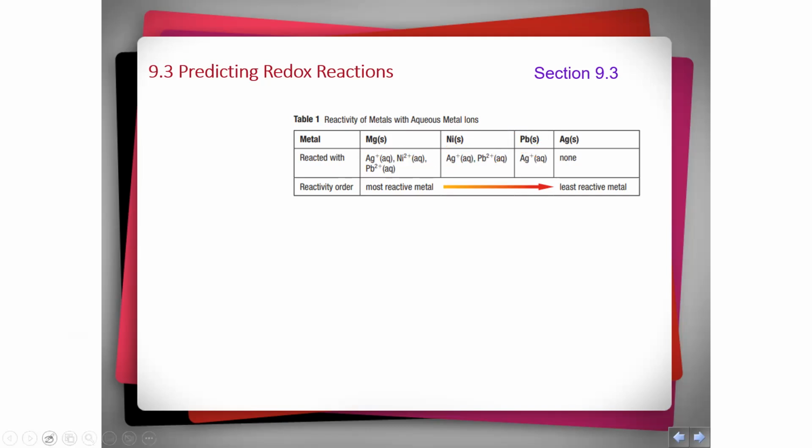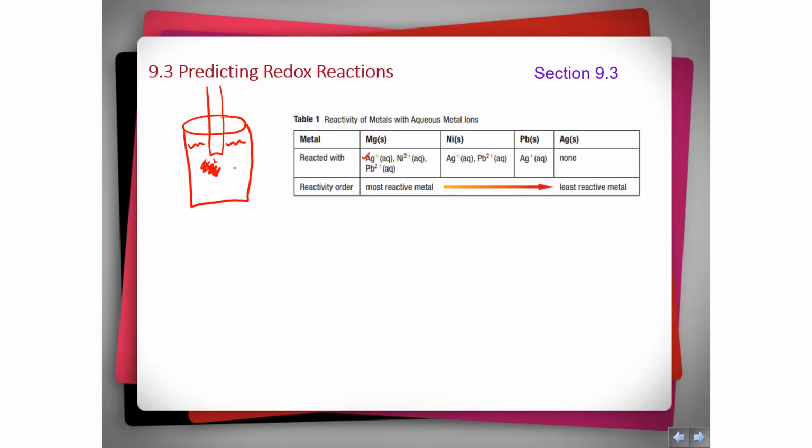So from this, I wrote down all these data points and I said, well, magnesium reacts with all three of these solutions. You can think of it like this. You have a piece of the metal and you are putting it into a solution that contains silver ions, for instance, and you're checking to see if it reacts. In this case, it did.